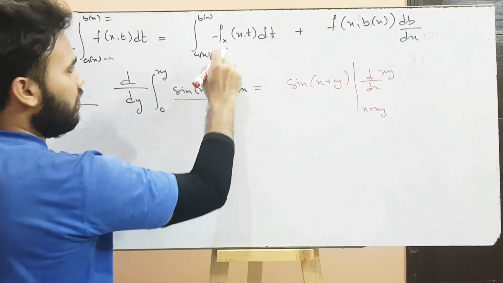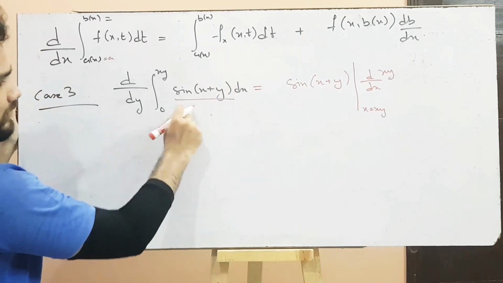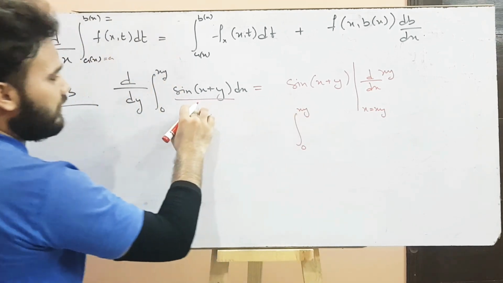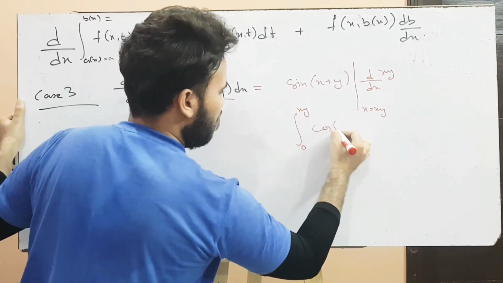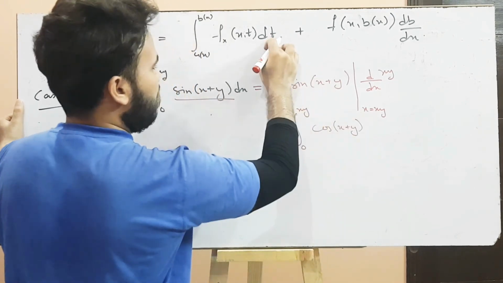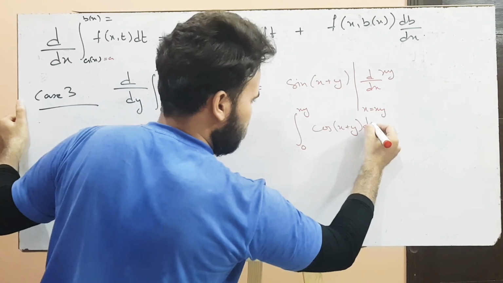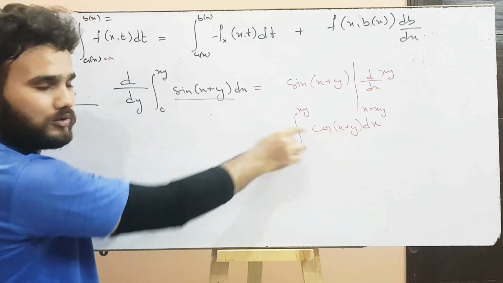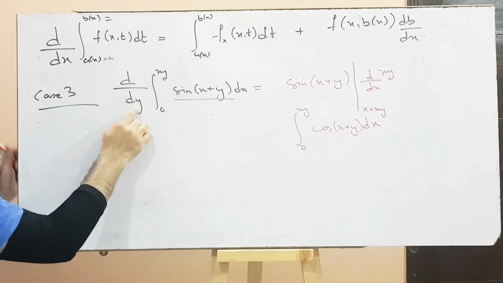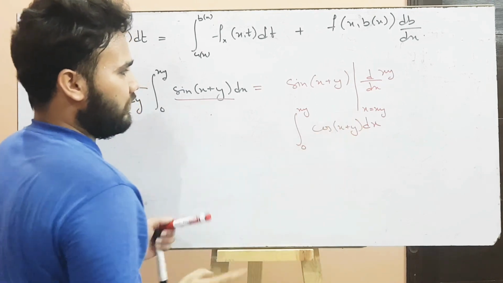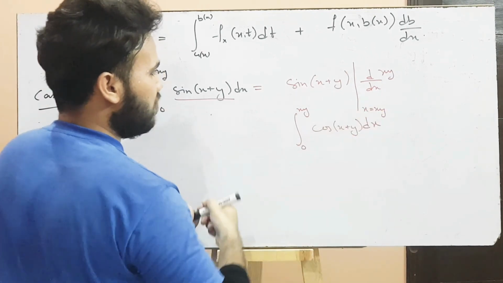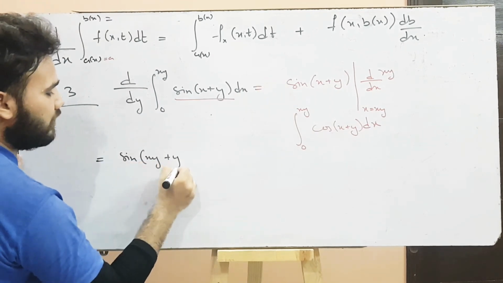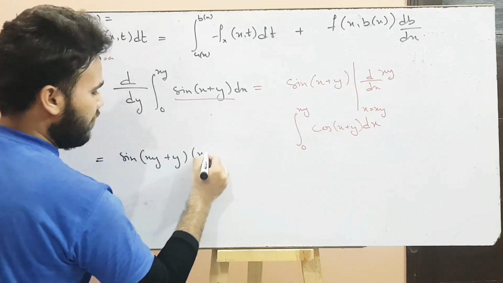Now for this term, first of all we need the derivative of sine, then the integral from 0 to xy. The derivative of sine is cosine(x + y) dt, which means dx. We have taken the derivative with respect to y because the given derivative is with respect to y. Now the simplification is sin(xy + y) times the derivative of this term, which is just x.